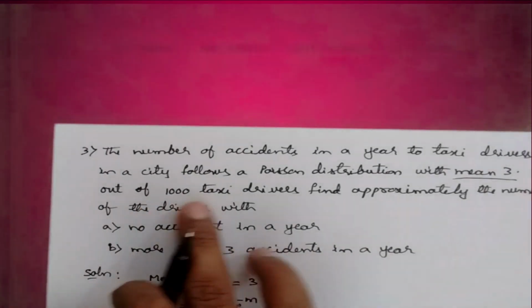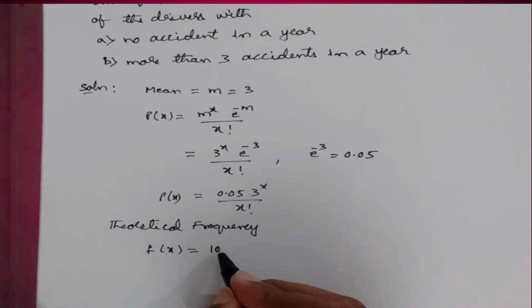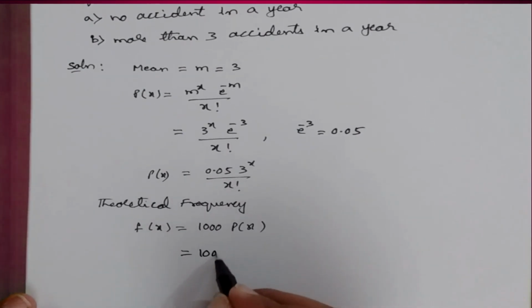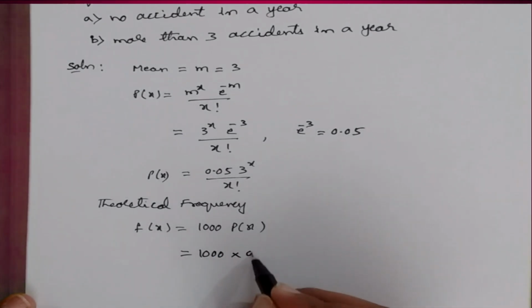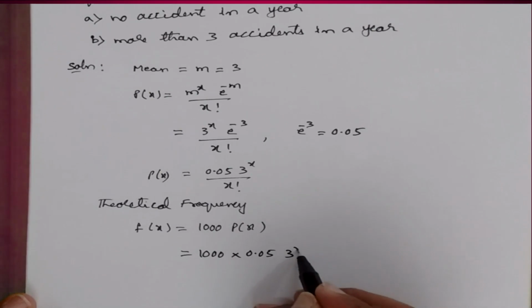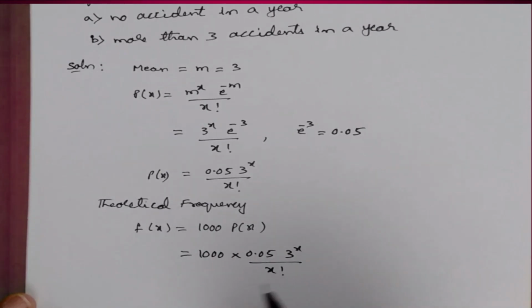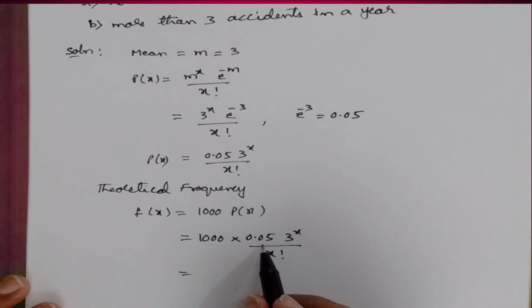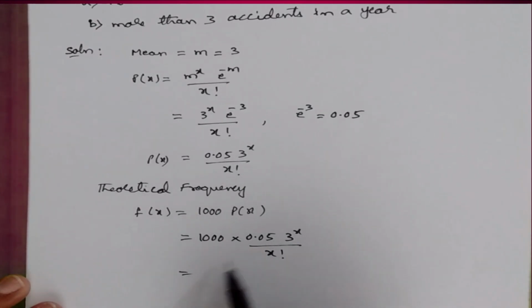The total is 1000 taxi drivers, therefore f of x will be 1000 times p of x, which is 1000 times 0.05 into 3 power of x divided by x factorial. Or if you want, you can just multiply 1000 with 0.05 and see, are you getting the value to be 50? So 50 into 3 power of x divided by x factorial.